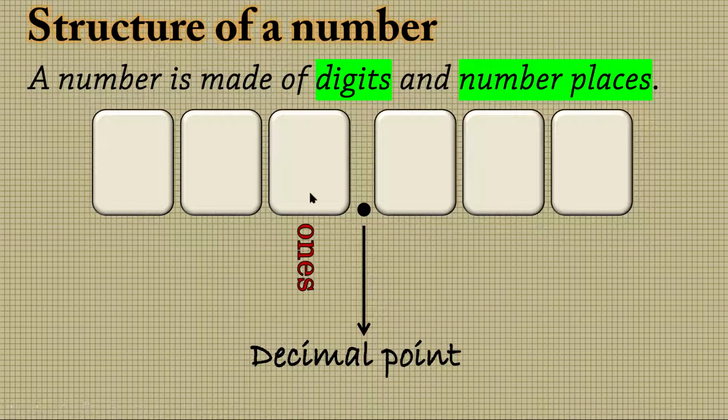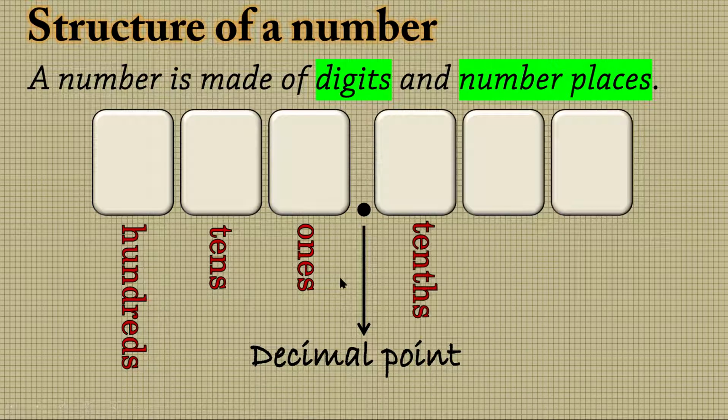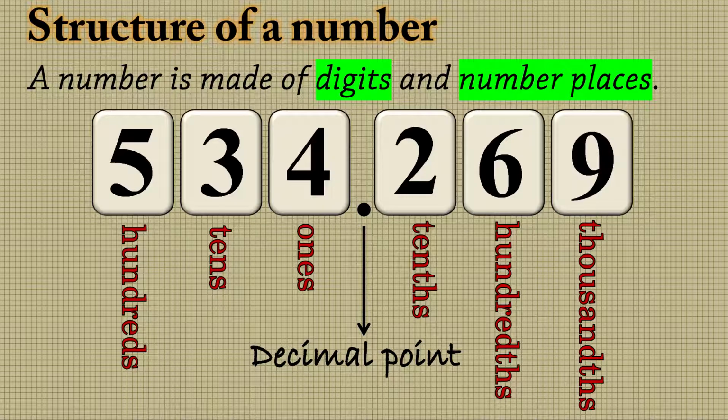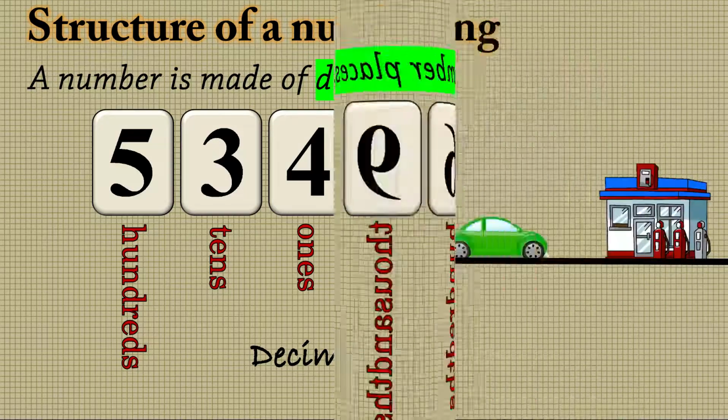Here, this is the number place of ones, here is the number place of tens, here is the number place of hundreds, and on the right side, I will have the number place of tenths, the number place of hundredths, and the number place of thousandths. Number places could be occupied by digits.